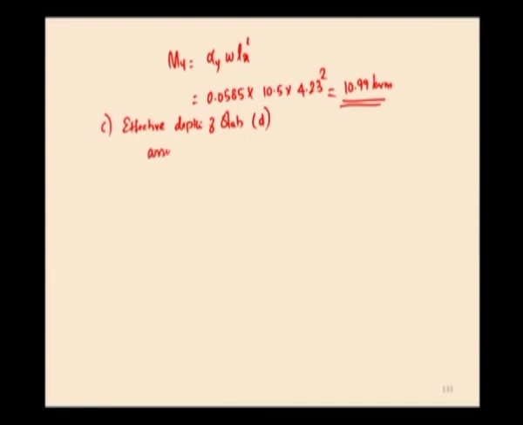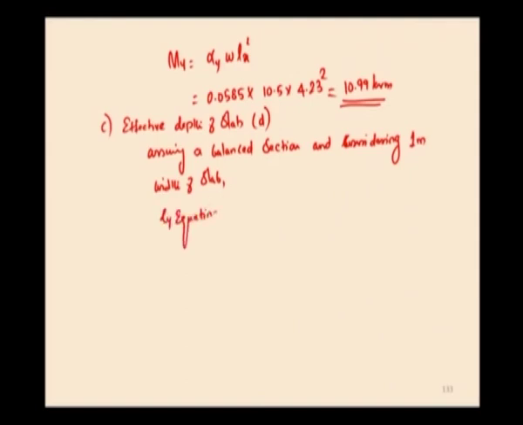So, by assuming our section is a balanced section and considering 1 meter width of the slab, the effective depth has to be calculated by equating Mu maximum to Mu limit.